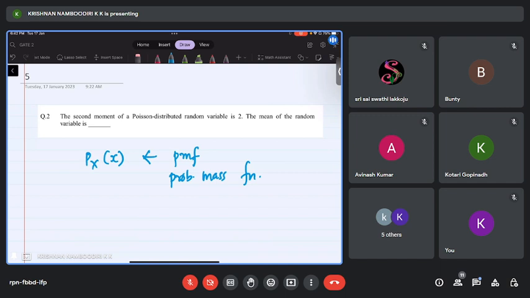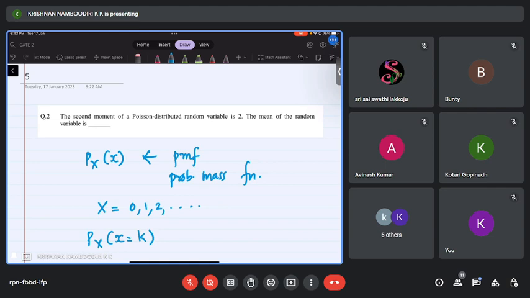And this Poisson distribution, the Poisson random variable, first of all, X, can take the values 0, 1, 2 up to infinity. It can take any non-negative integer values. Okay, now what is the probability of X equal to k? k can be any non-negative integer.